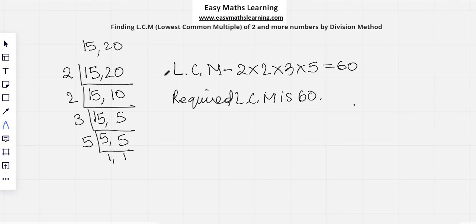Now, as I said, I will be showing you how to find the LCM of three or more numbers. Let me show you that.